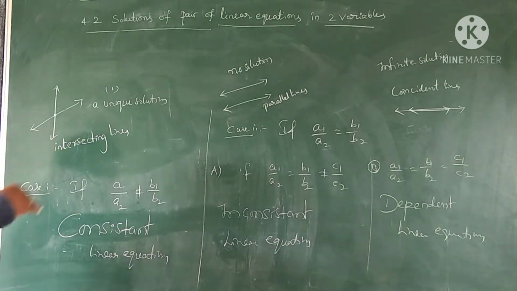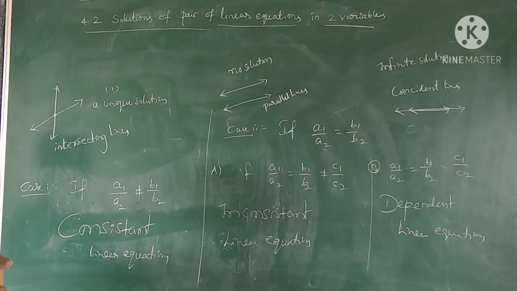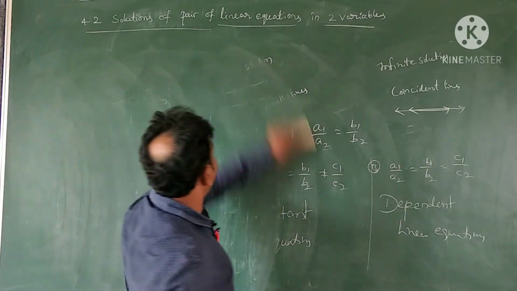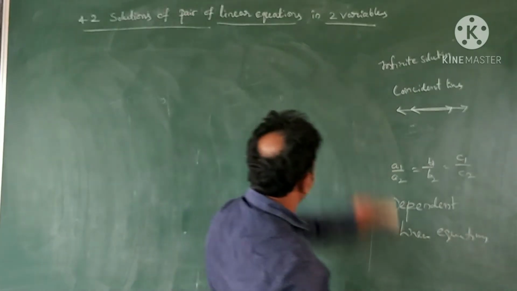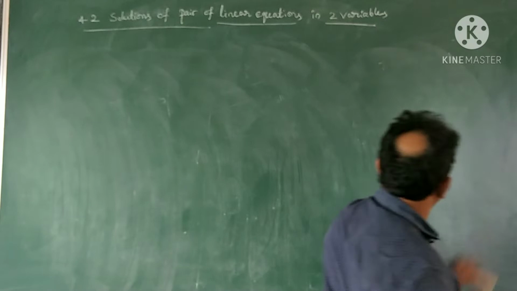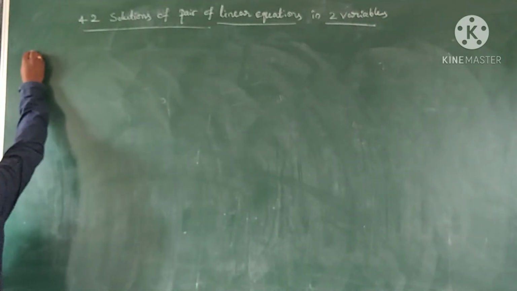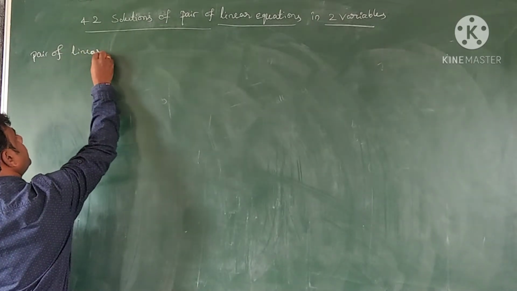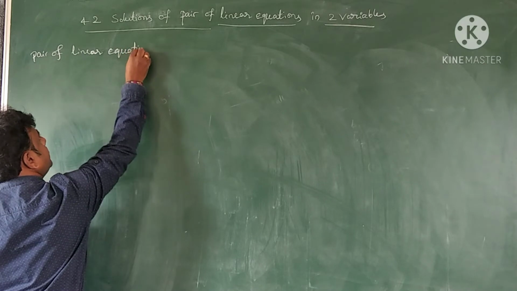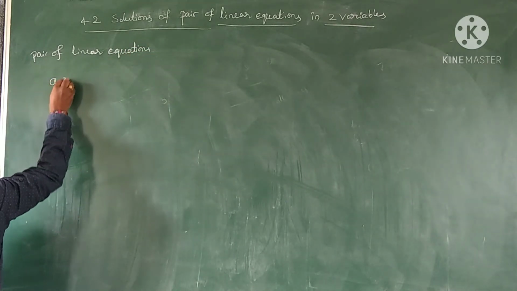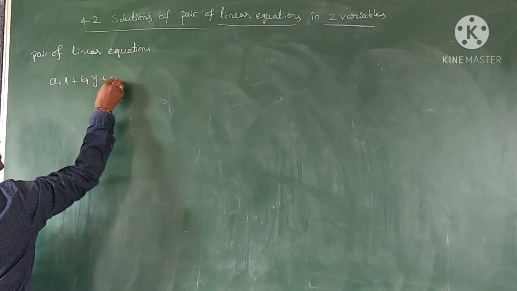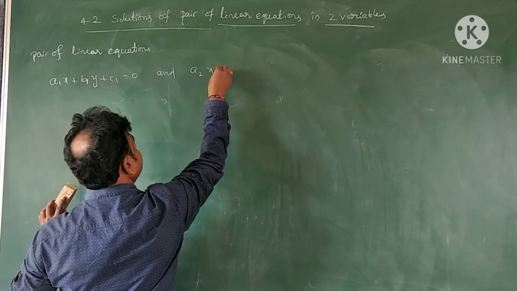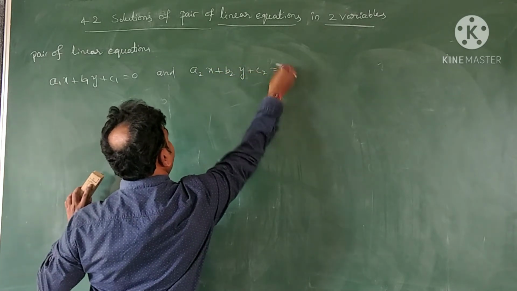Now I will write this situation clearly here and give an example. Just listen, students. I write with a very clear division. The pair of linear equations a1x + b1y + c1 = 0 and a2x + b2y + c2 = 0.